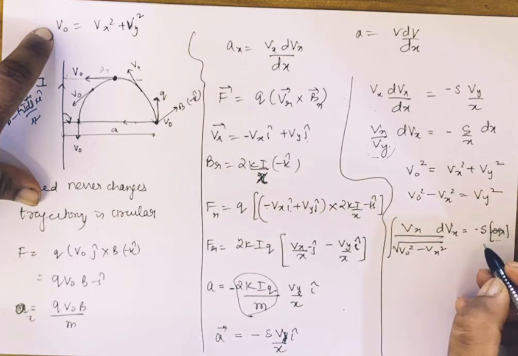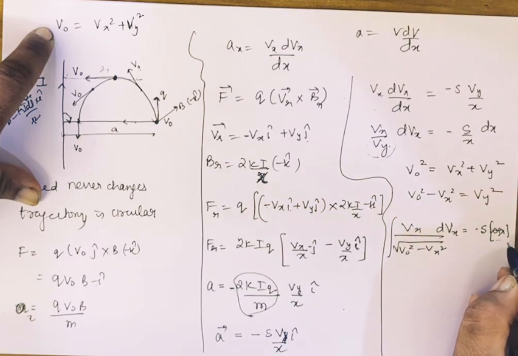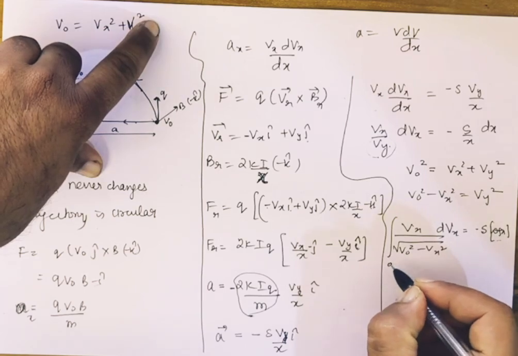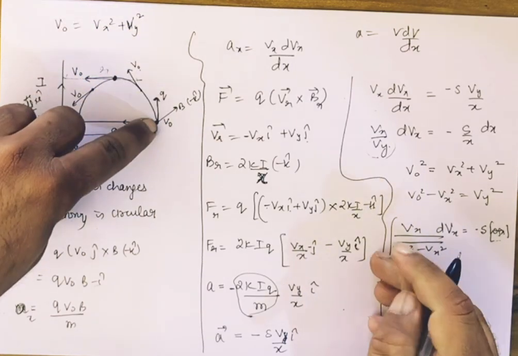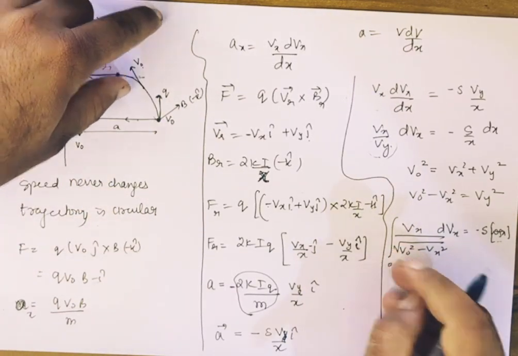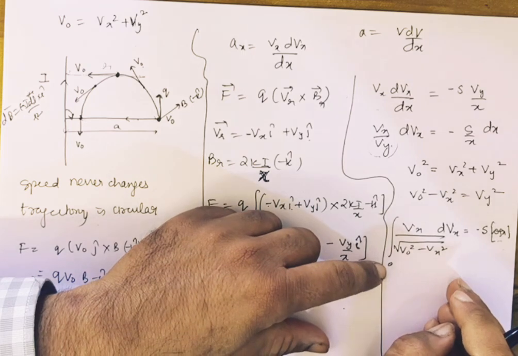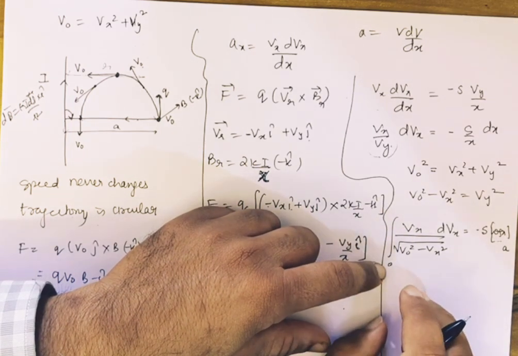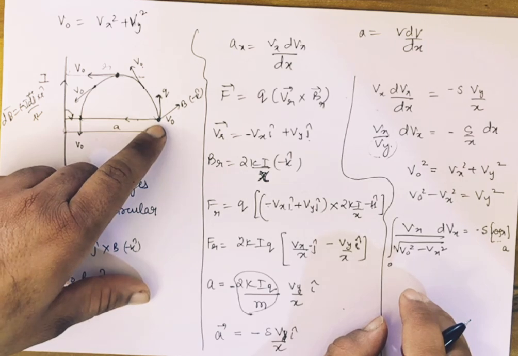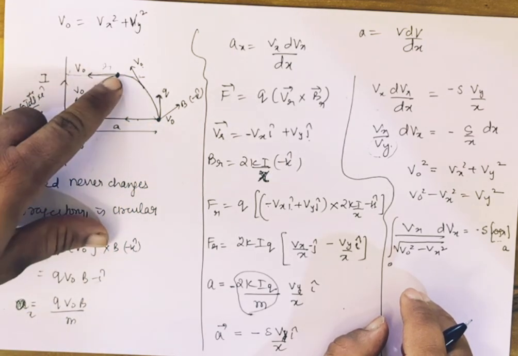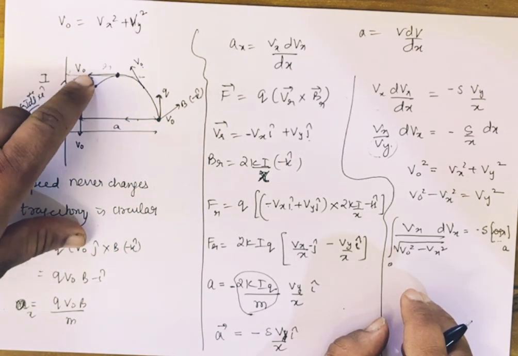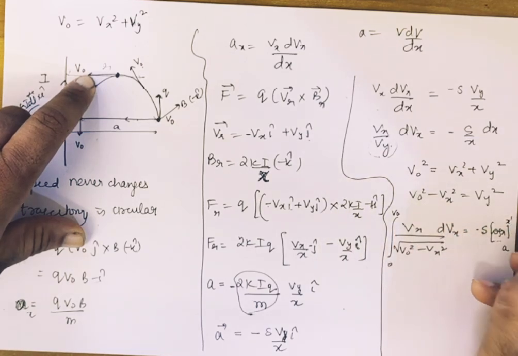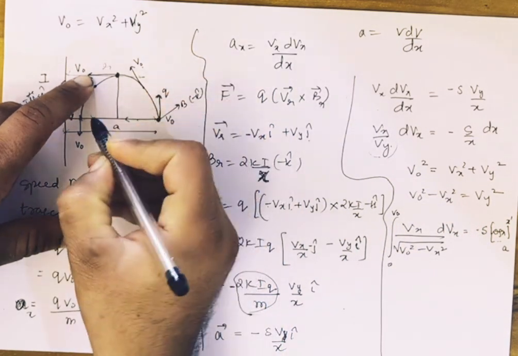When I started with velocity v naught only in the y direction, the x component was 0, and at that instant I was at a distance a from the wire. When it reaches v naught, Vy will be 0, and I will be at a distance, say, x dash from the wire.